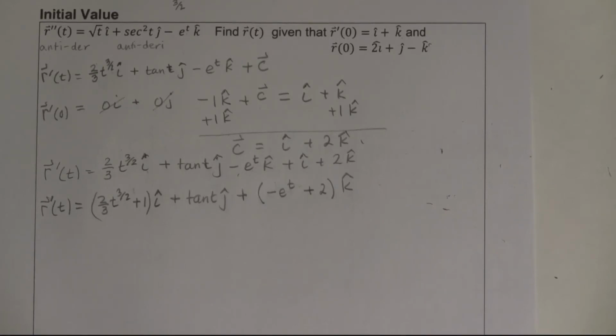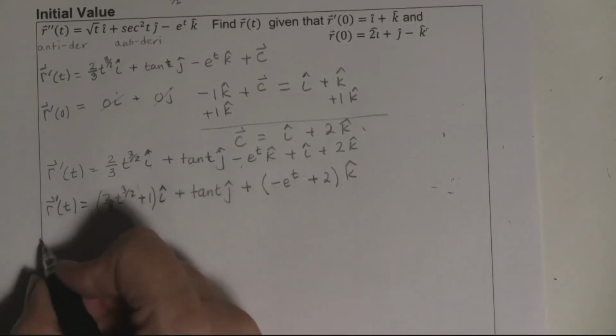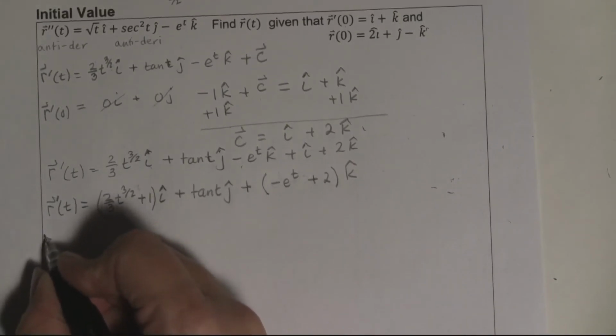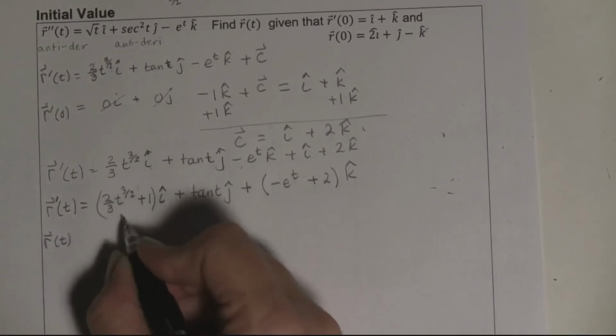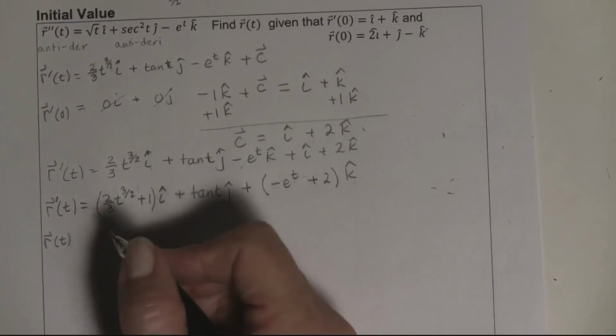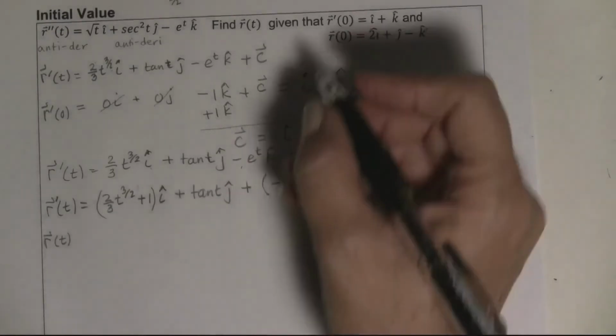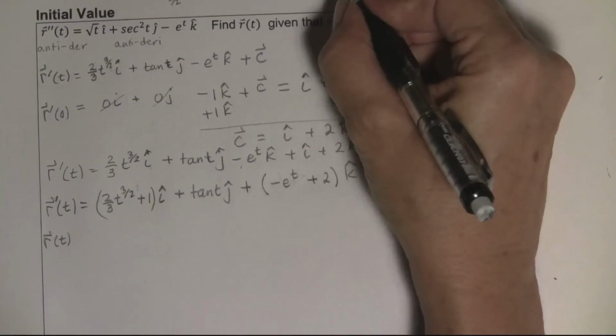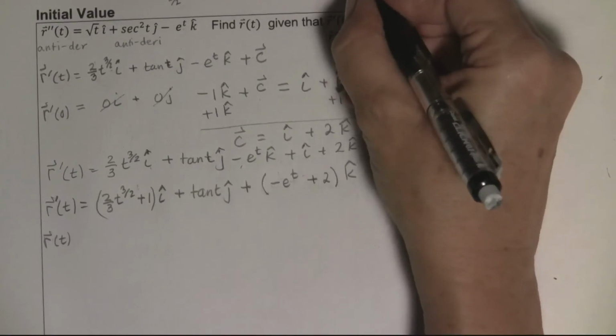Now I'm going to do the antiderivative again. So I'm going to antiderivative again these pieces, and that's going to get me to r, and that's what they were asking me to find. So I'm going to take the antiderivative of this. Remember, you add 1 and divide by the same darn thing. And so I'm going to put that up here. So I have 2/3 t to the 3/2.